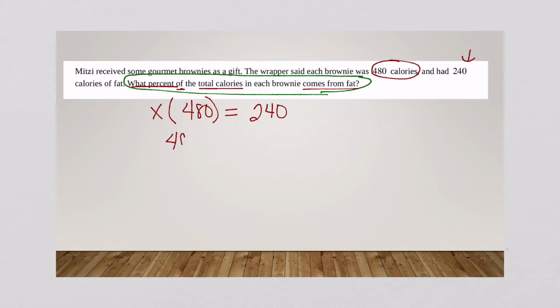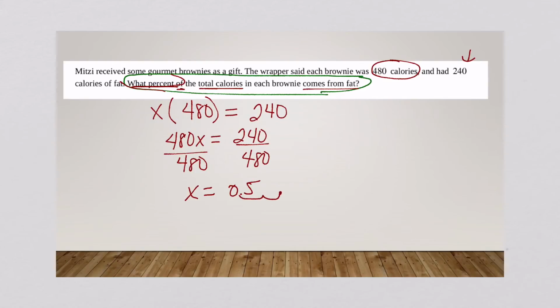So we would have 480x is equal to 240. Divide by 480, and you get that x is equal to 0.5. But it says what percent, so I've got to turn this decimal into a percent. So this would be, scoot it over 2 places, 50%.